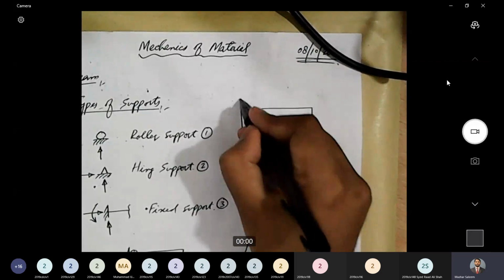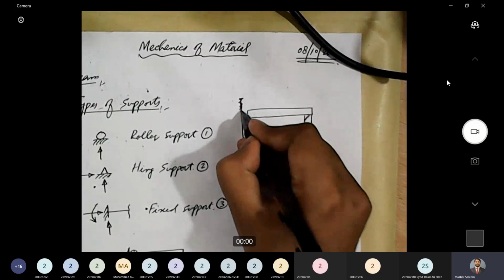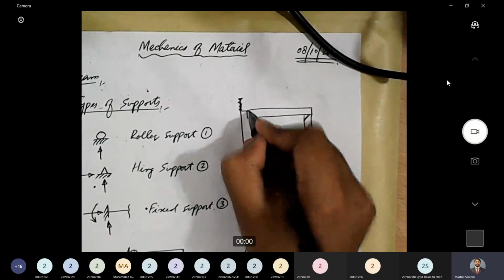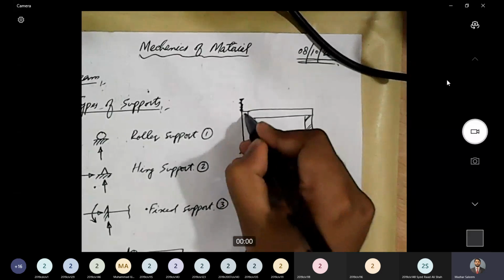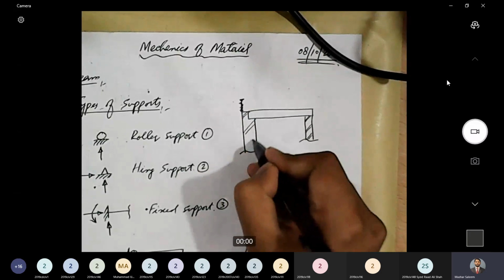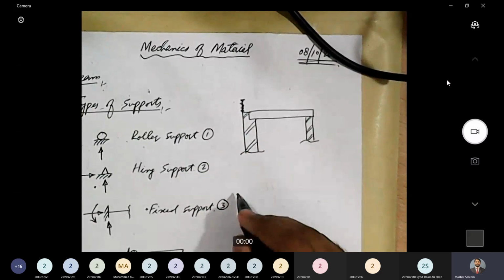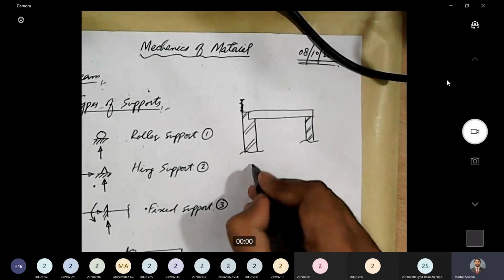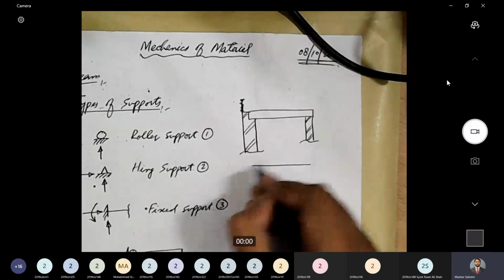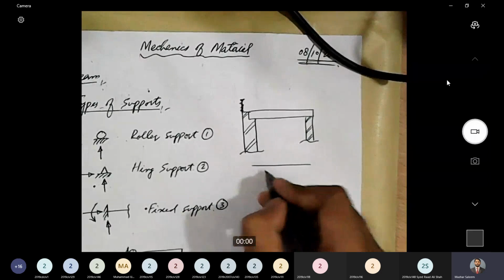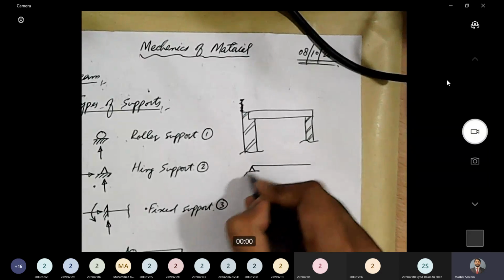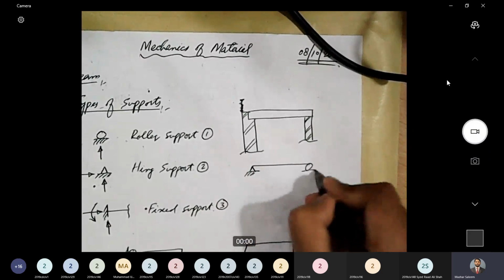Oh, sorry, this line is terminating here, in line with the beam. And this is how we provide a hinge support. So that's a free body diagram. This is a hinge support and this is a roller support.